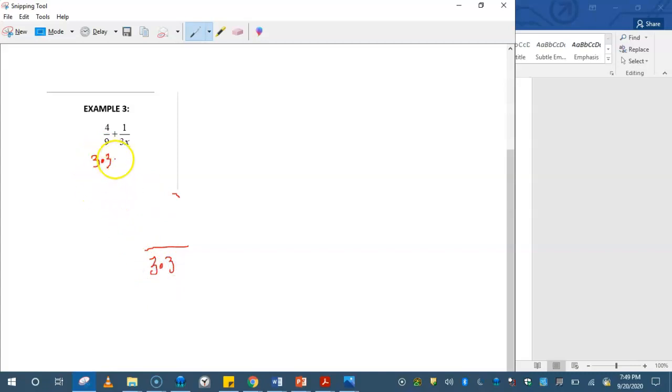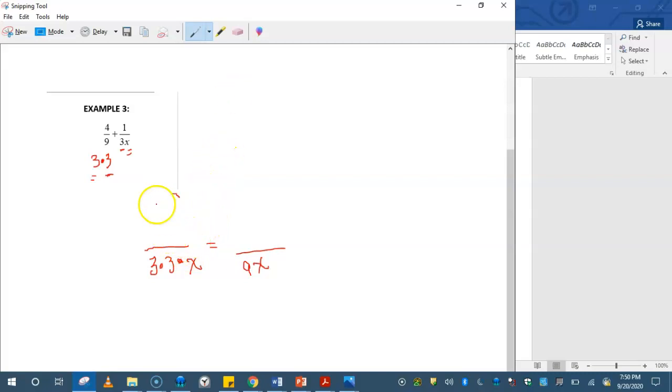So that would cover the 3 here, because they each have a 3. And then we gotta add the other 3, because one of the fractions has 2 3s. Then it has a x. So we need to also include a x in our least common denominator. Now, if I look at that, my LCD then would be a 3 times 3 times x, or a 9x.